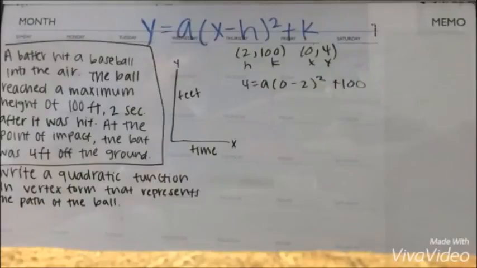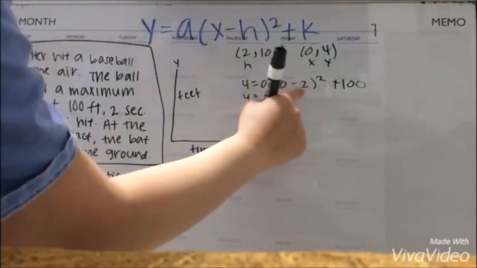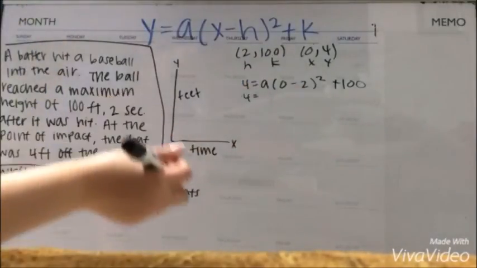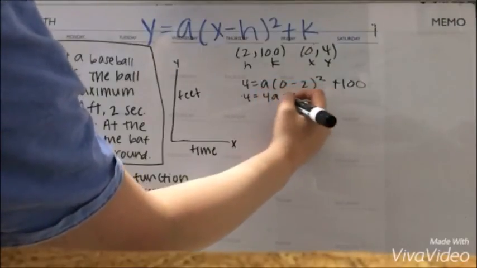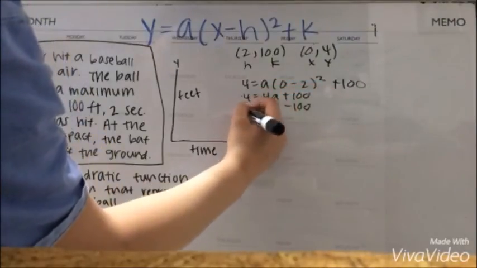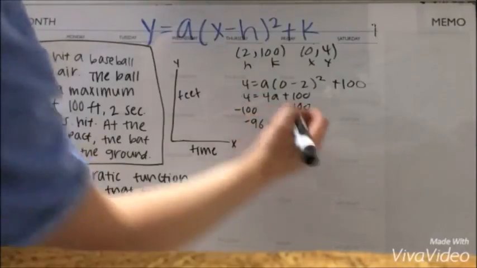And since we already know k, we only need to solve for a in this problem. So 4 equals 0 minus 2 is -2, (-2) squared is 4, so 4a plus 100. Subtract 100 and this would be negative 96 equals 4a.